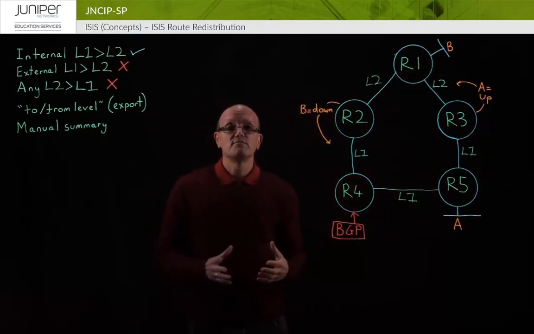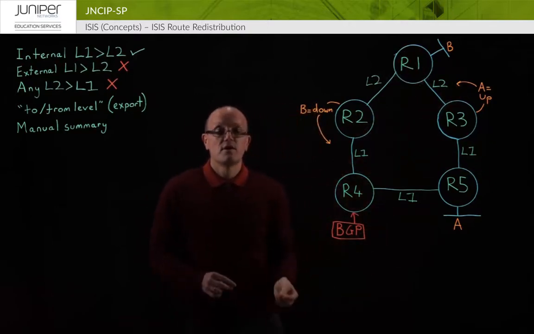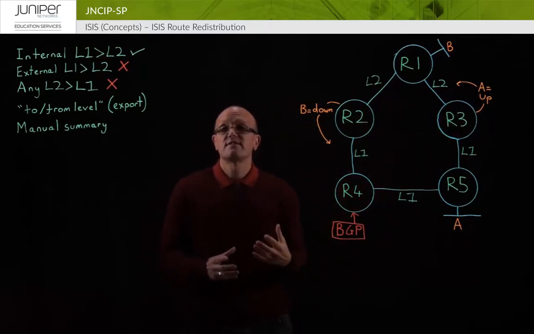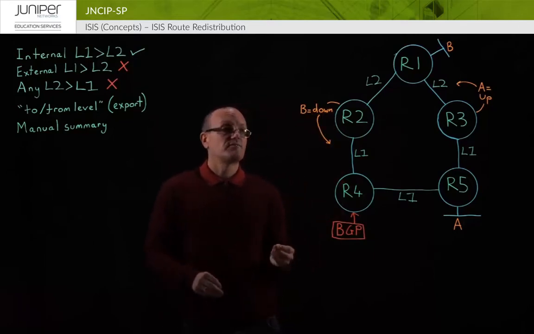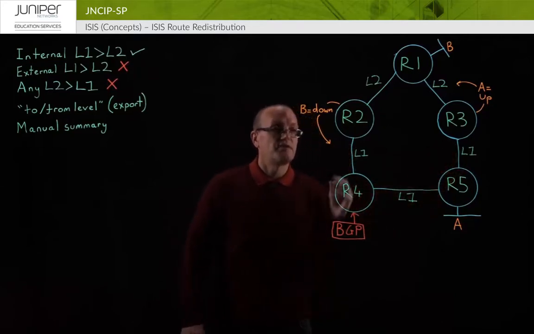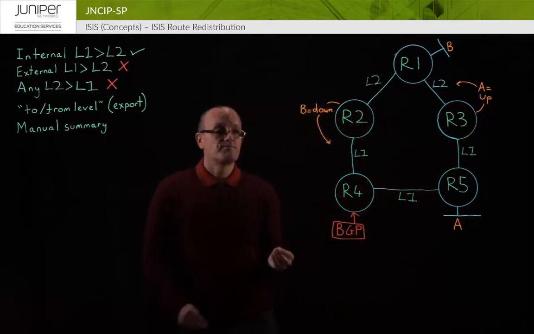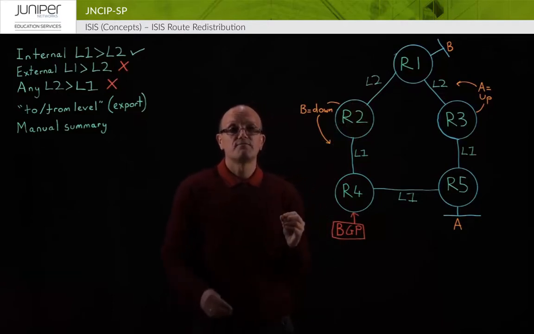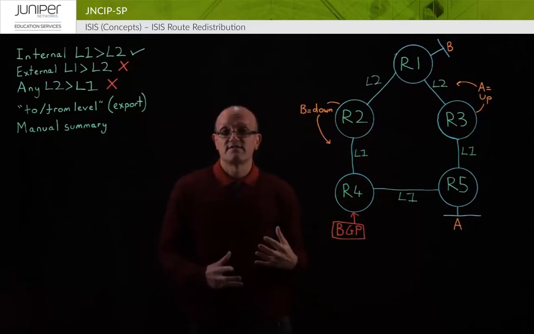To stop this routing loop, where we are redistributing a route from level 2 to level 1, what happens on the level 1, level 2 routers is that we set this up-down bit to down. So what this means is when the route is propagated via those level 1 link state PDUs from R2 to R3 and from R3 to R2, when the level 1, level 2 router receives that link state PDU, he has a look at it and he sees the route for B has the down bit set.